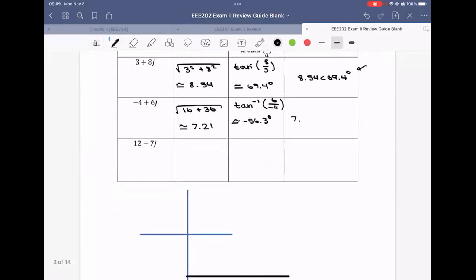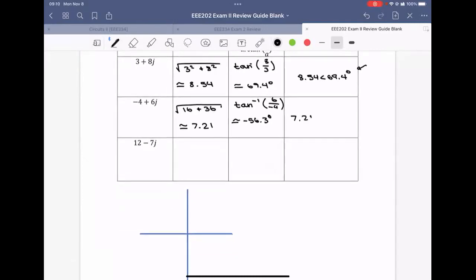So we'd have 7.21 angle 123.7 degrees. That's when I add 180 here. And the last one you can do on your own, but I'll tell you the answer is 13.9 angle 149.7 degrees.